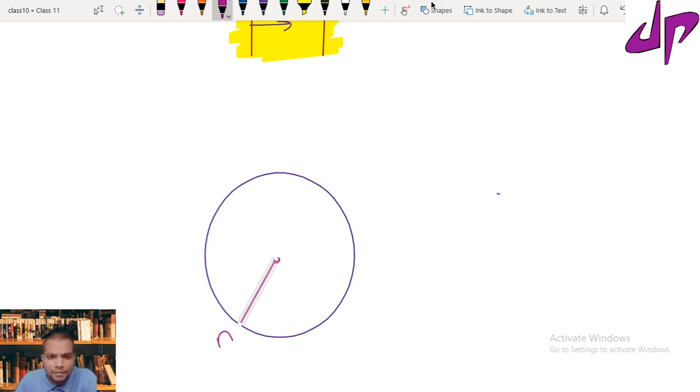Suppose I am here at A and after certain time I went to B. Now B is also at a distance of r. Now we define the angle as nothing but this angle, theta. Suppose I shade this region, that is the angle covered from A to B.